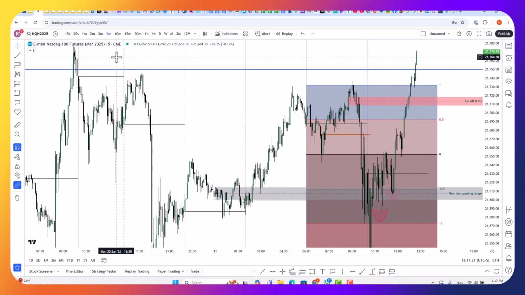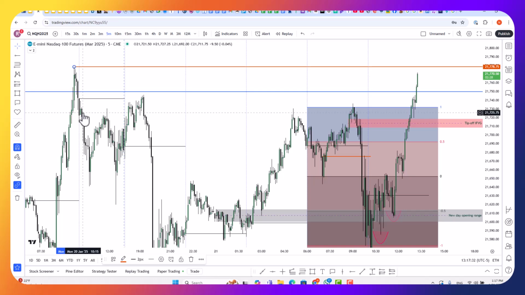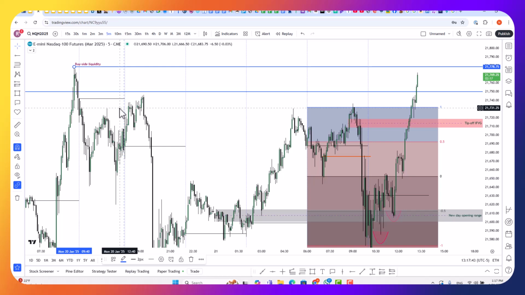And then sell side liquidity is right here. Buy side liquidity, not sell side. Come on. So that's where I think we are headed.